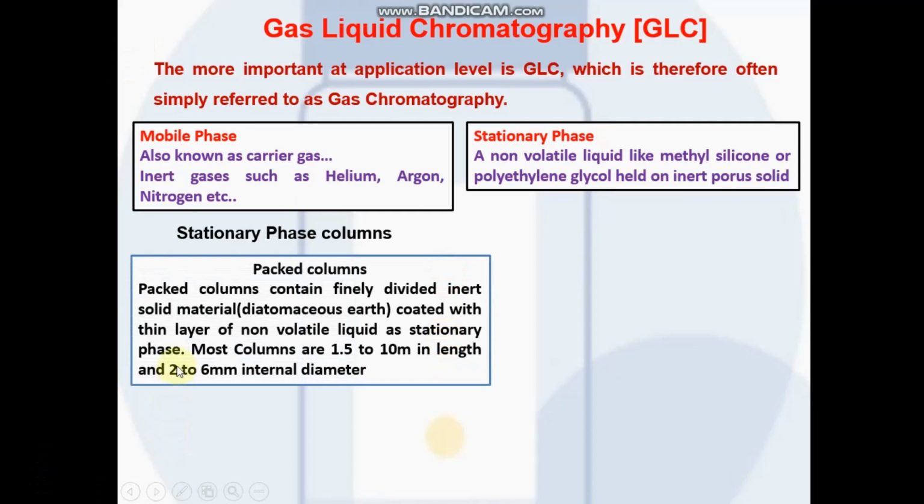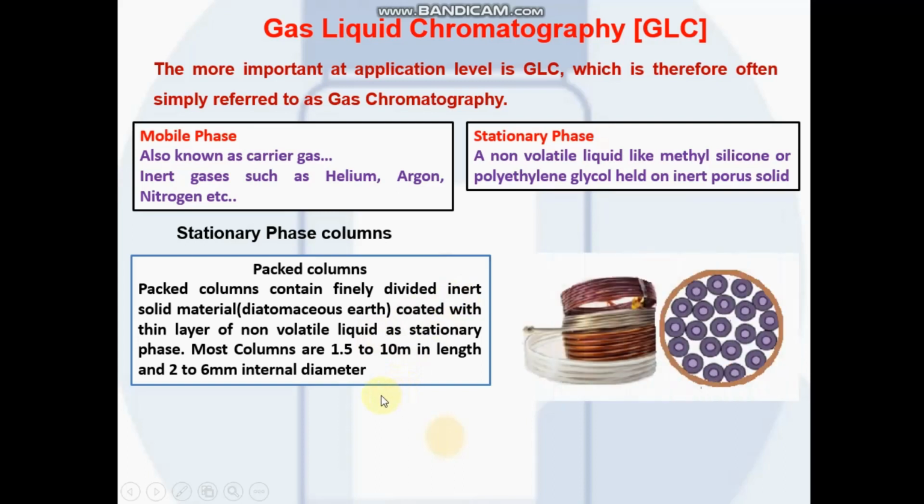A packed column contains finely divided inert solid material, generally diatomaceous earth, a spongy earthy material, coated with a thin layer of non-volatile liquid as the stationary phase. Most packed columns are 1.5 to 10 meters in length and around 2 to 6 millimeters in internal diameter. Here on the right side you can see a picture of a packed column.